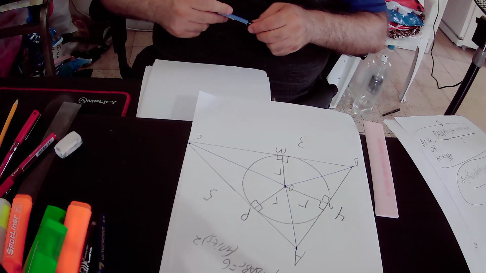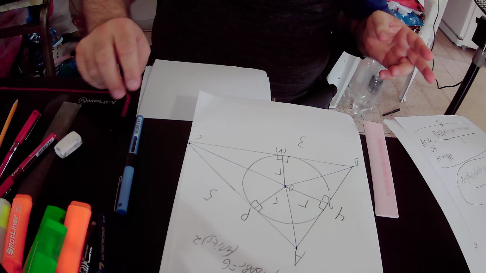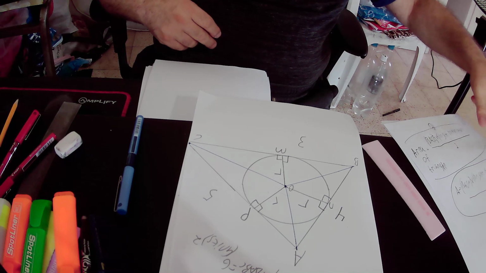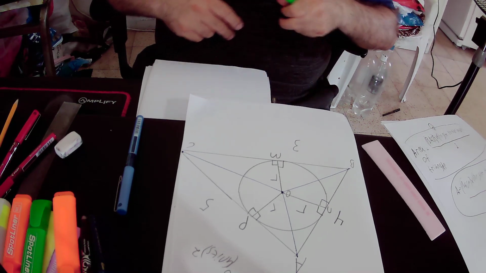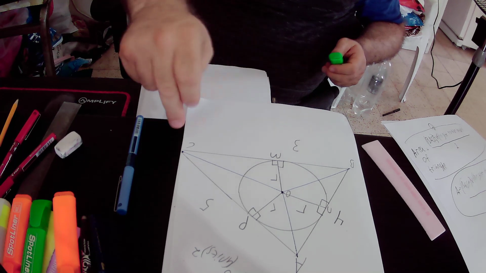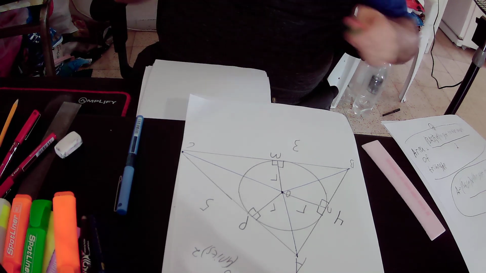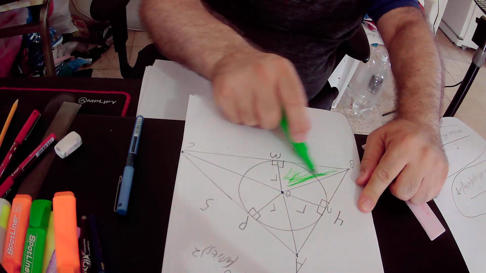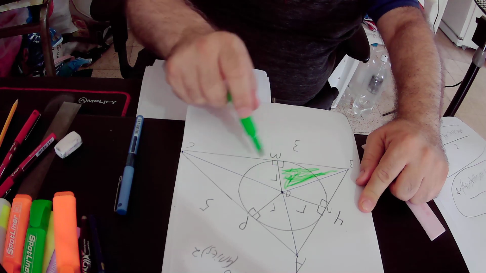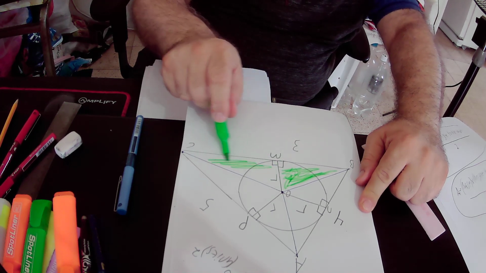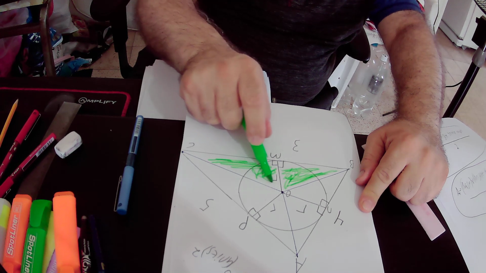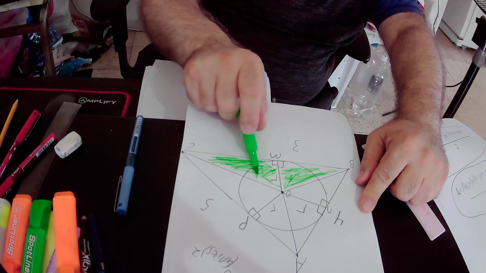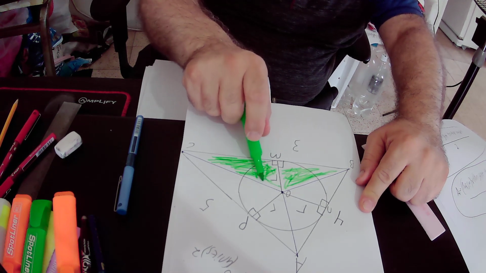So now we can use the formula for a triangle in order to find out the area of triangle OBC. Okay, so we actually want to find out the area of this green triangle, and in order to find the area of the green triangle, we use the formula for the area of any triangle.